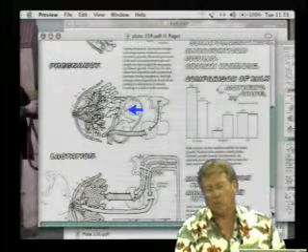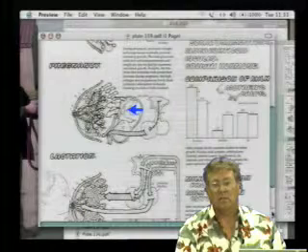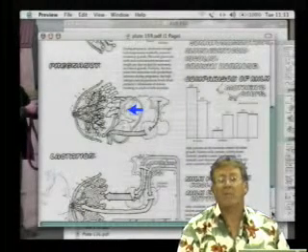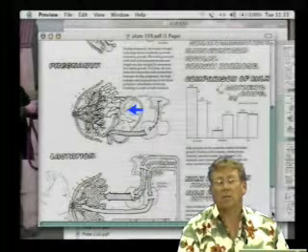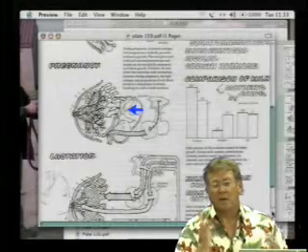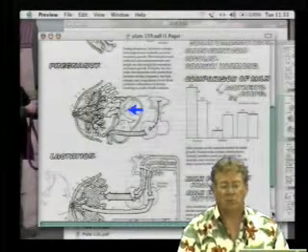Failure to get the first milk, failure to get those antibodies, is referred to as failure of passive transport of immunoglobulins. You're not getting them from the milk. That makes that neonate much more susceptible to disease.